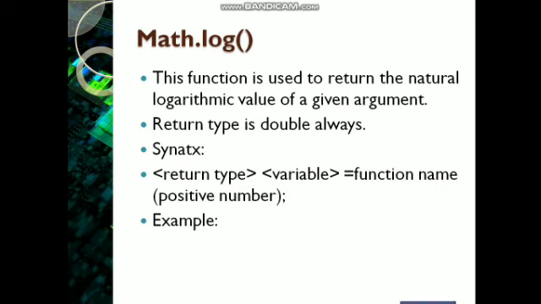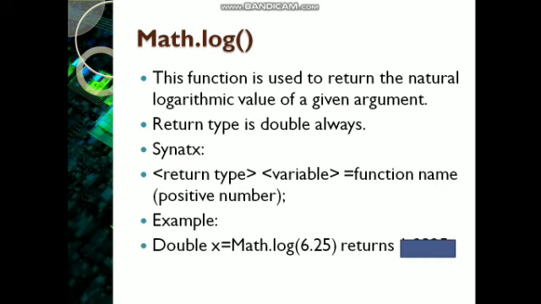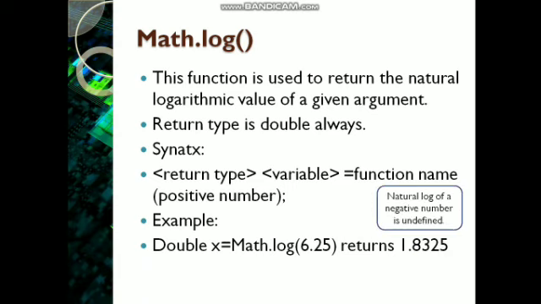So we'll see the example. Double x is equal to Math.log of 6.25, and the log value of 6.25 is 1.8325. You cannot find the log value for a negative number because it is undefined, and you will not be able to calculate this logarithm value for 6.25 with any simple formula.